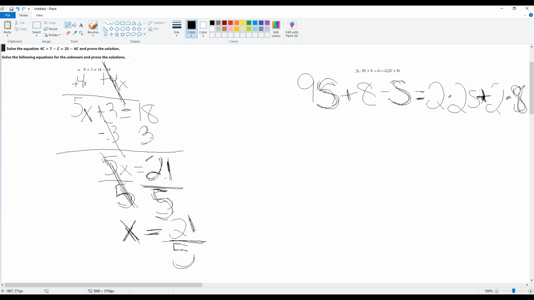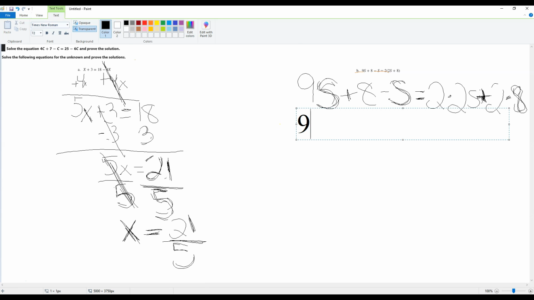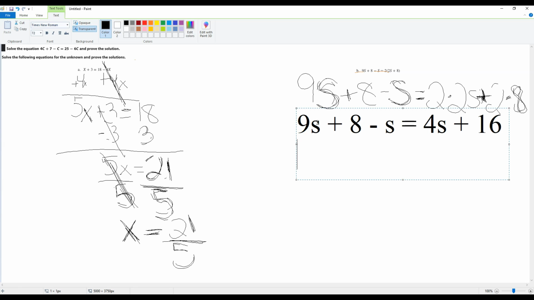So then we're left with, it'll be easier for me to do this here, 9s plus 8 minus s equals, the 2 times 2s is 4s, plus 2 times 8 is 16. The next thing we're going to do is on the left-hand side, we are going to combine like terms.